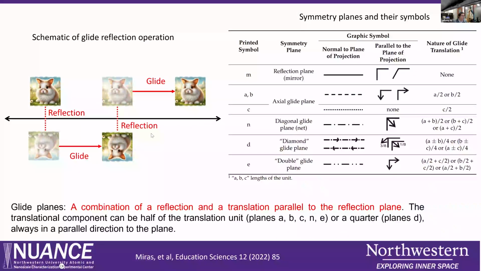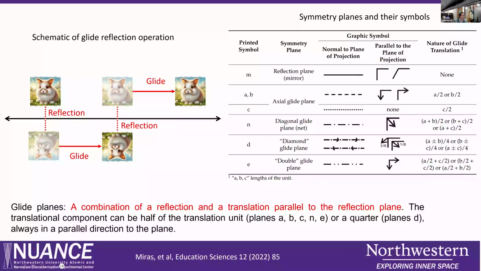For example, in this one, I will show you in more detail what it means. I give you a schematic of the glide reflection operation. For example, you have a rabbit here. You do a reflection and you get the bottom one. Then this is a reflection.